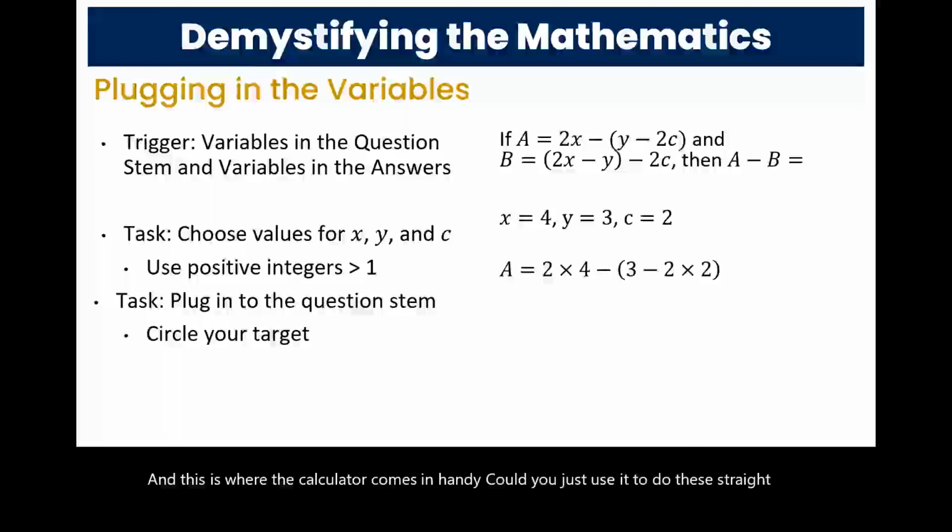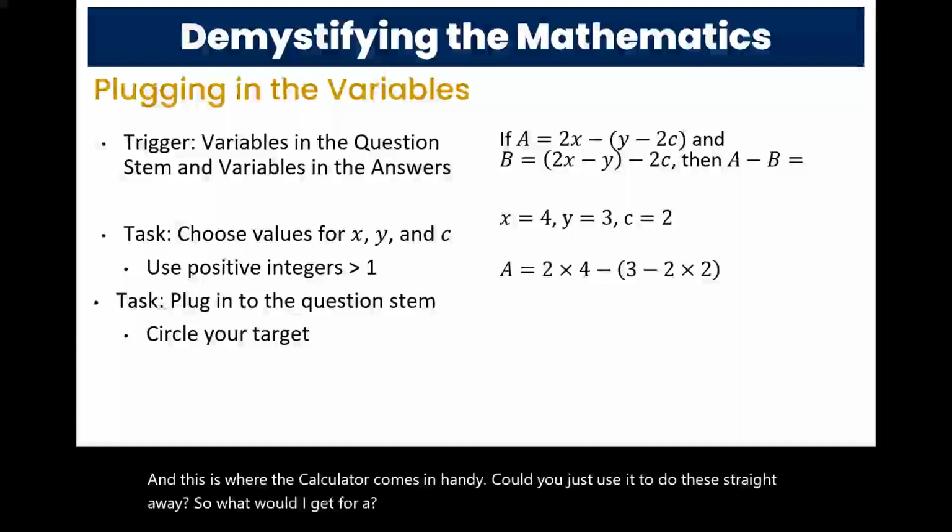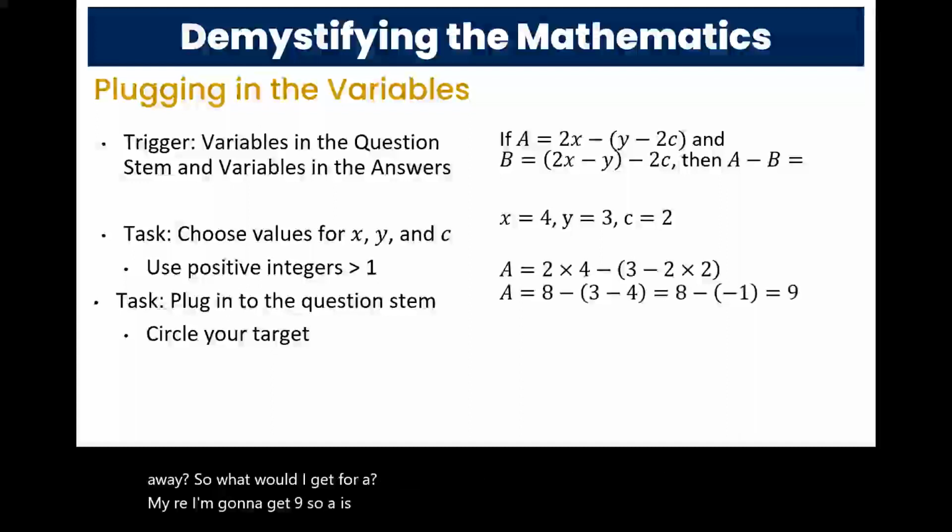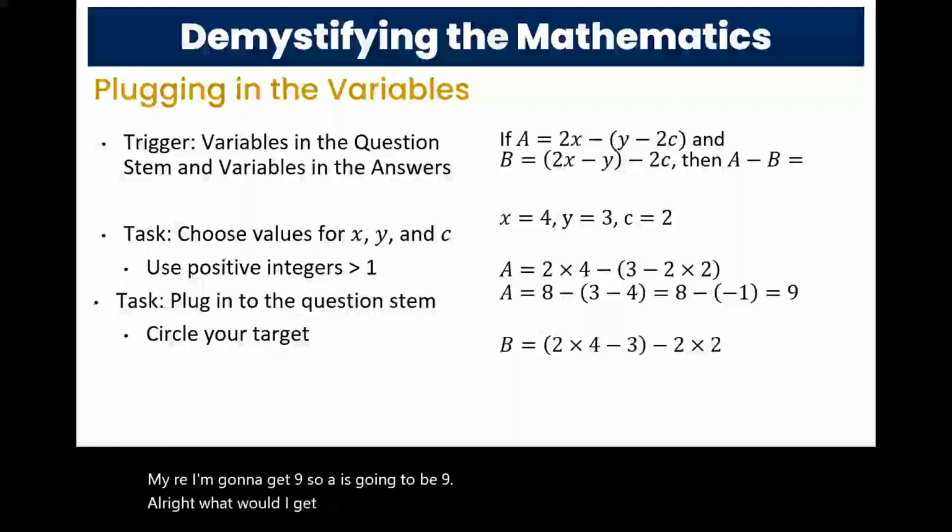So what would I get for A? I would agree, I'm going to get 9. So A is going to be 9. All right. What would I get for B if I plug in 4, 3, and 2 for x, y, and z respectively?